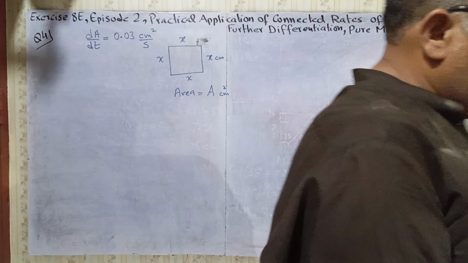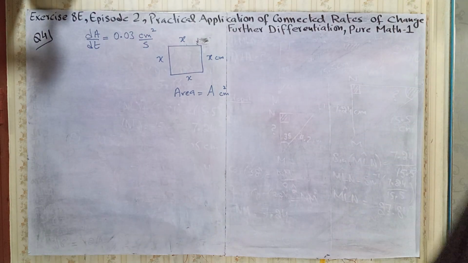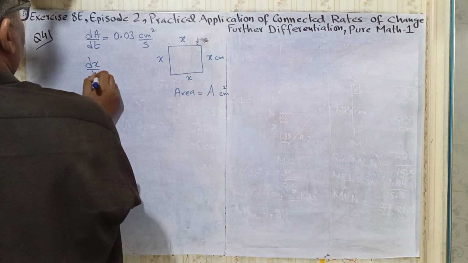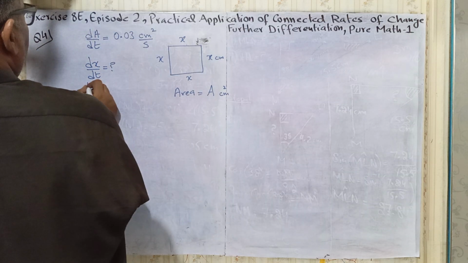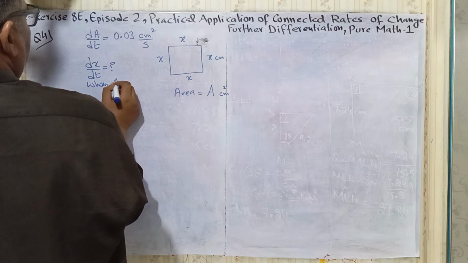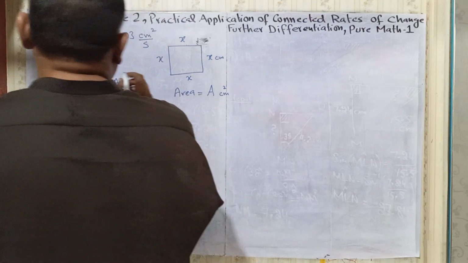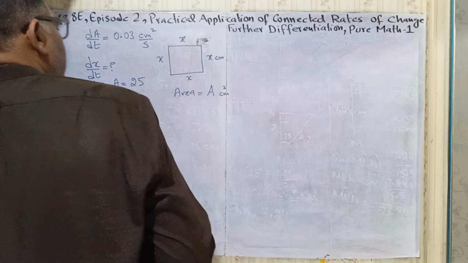Find the rate of increase of x. So we have to find dx by dt, when A is equal to 25. This is the question.